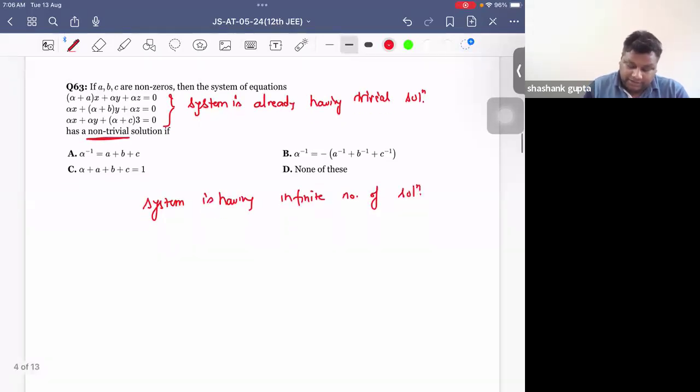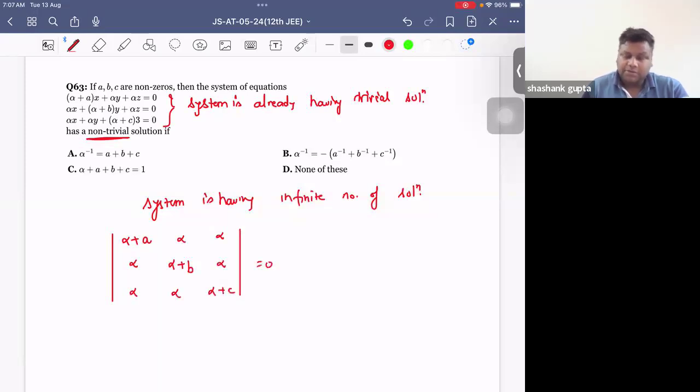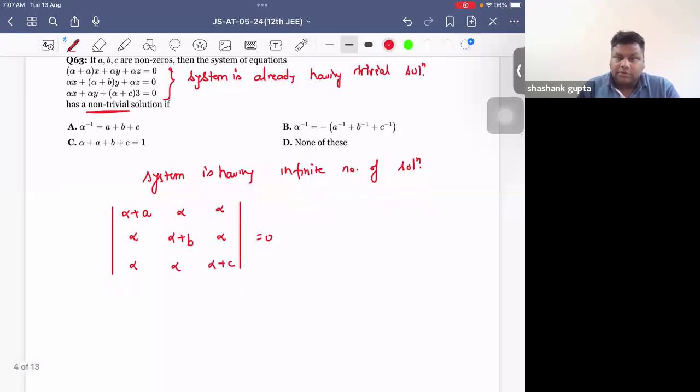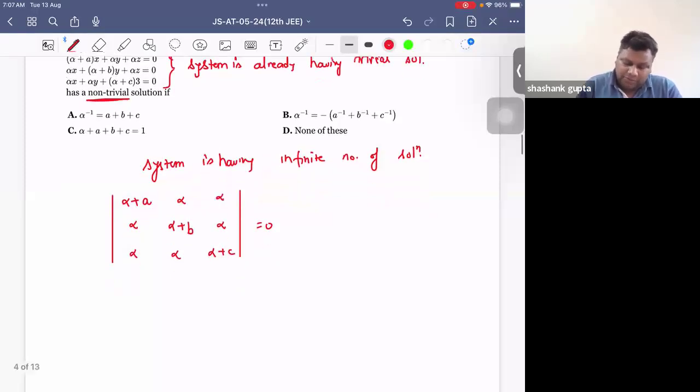So in that case, the determinant of alpha plus A, alpha, alpha, alpha, alpha plus B, alpha, alpha, alpha, alpha plus C. This determinant should be what? Am I clear? Now, this value of this determinant we have to find out. Now, I'll use certain one or two operations.